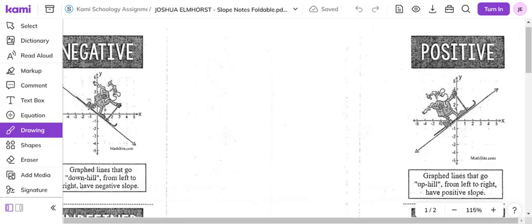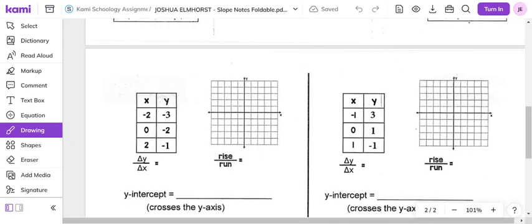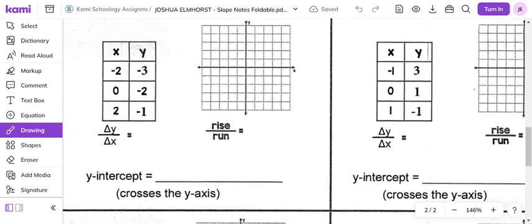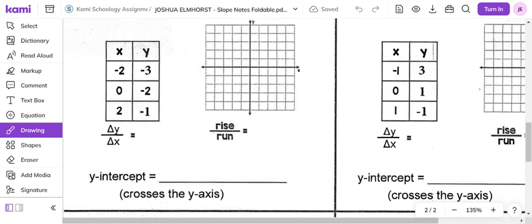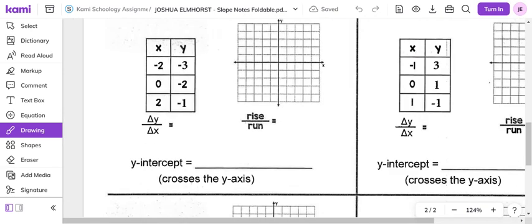So it's going to be increasing from left to right, and it's going to look like you're going uphill. So if you open your foldable, it's going to be in the top left. And looking at the y-intercept, the y-intercept is always going to be when x is 0, what is the y line?